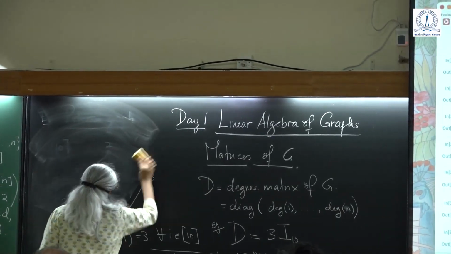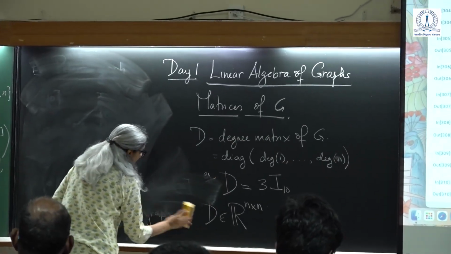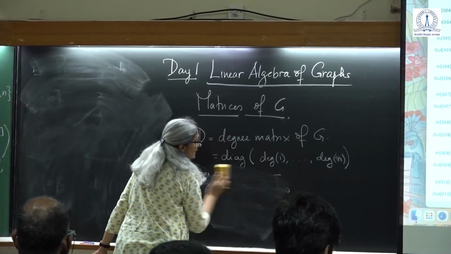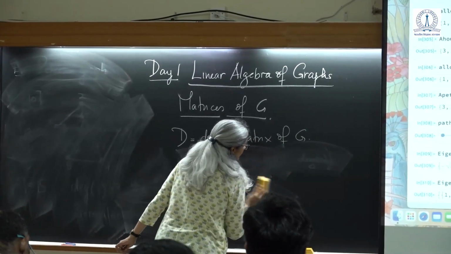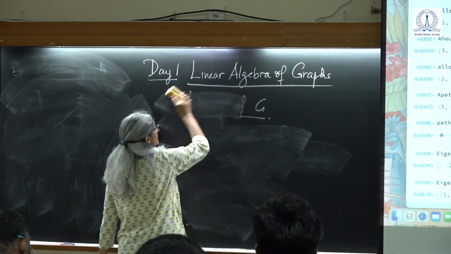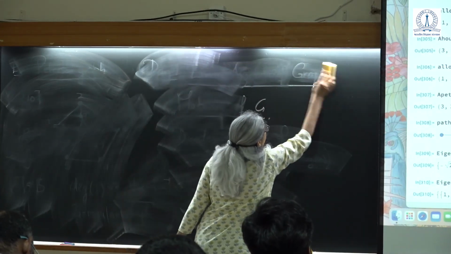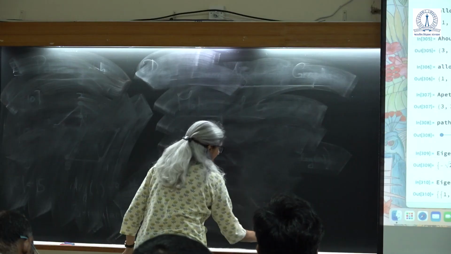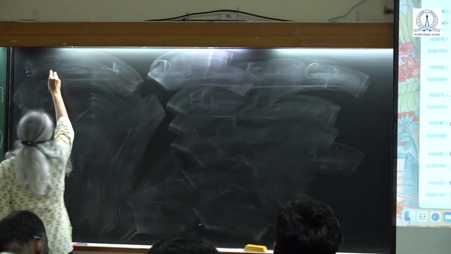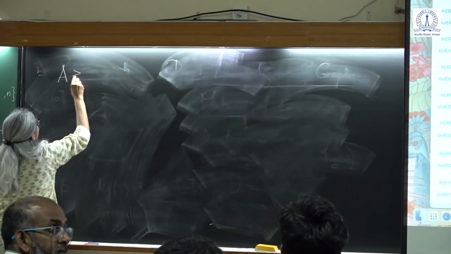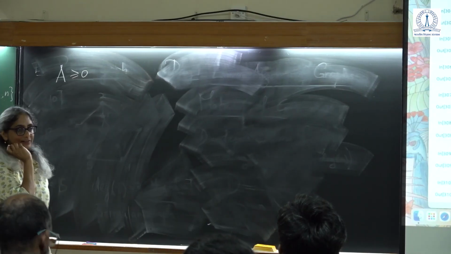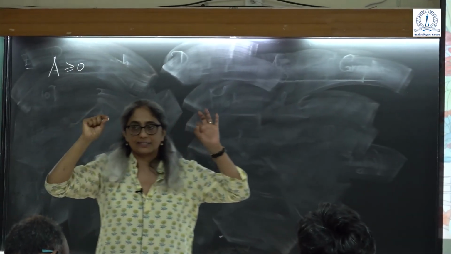So it's non-negative, and what does that buy you? Does anybody know some of the properties of eigenvalues and eigenvectors that come out of non-negativity of the matrix? If I write it like that, that means the entries are all non-negative.